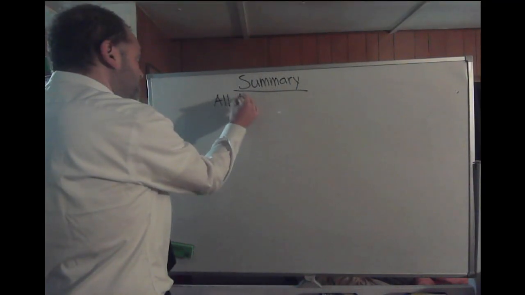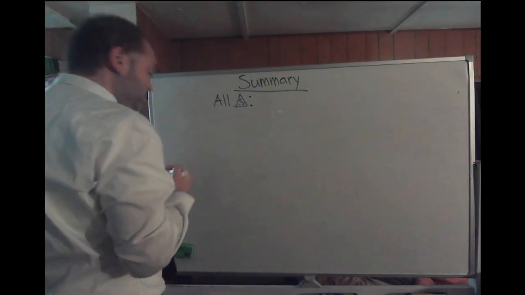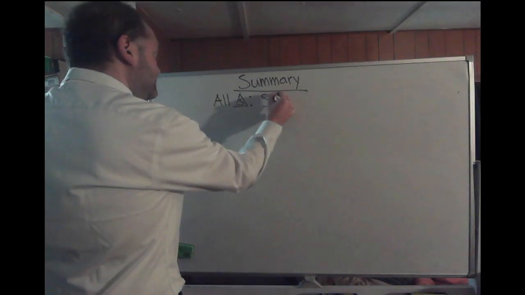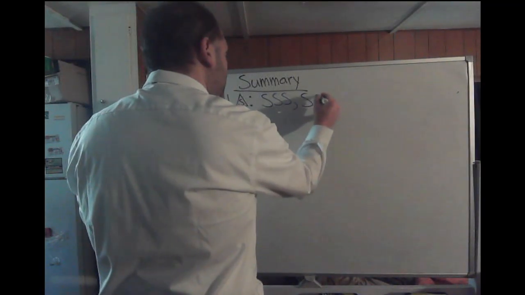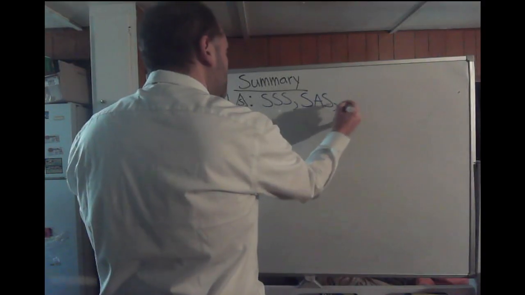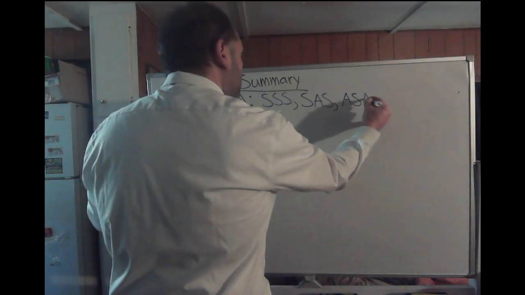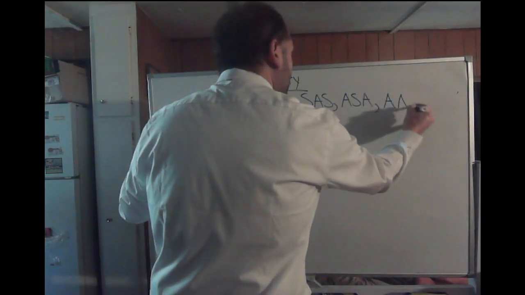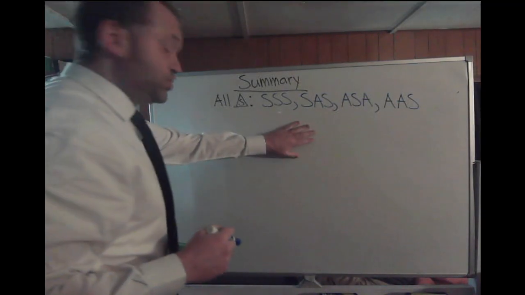So for all triangles, we've learned so far side, side, side. We've learned side, angle, side. We've learned angle, side, angle. And then today we've just learned angle, angle, side. All of those methods will work for all triangles.